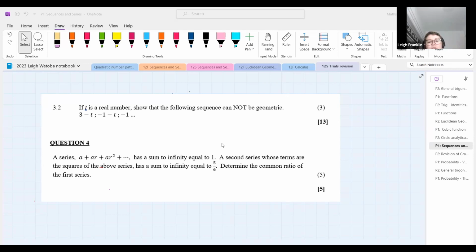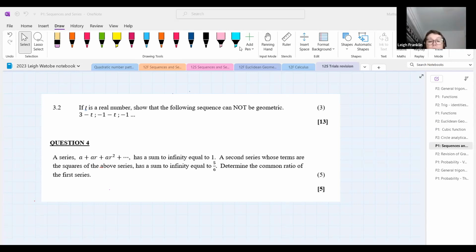What do you think we should do here? Where would you guys start? Try to find r in terms of t.